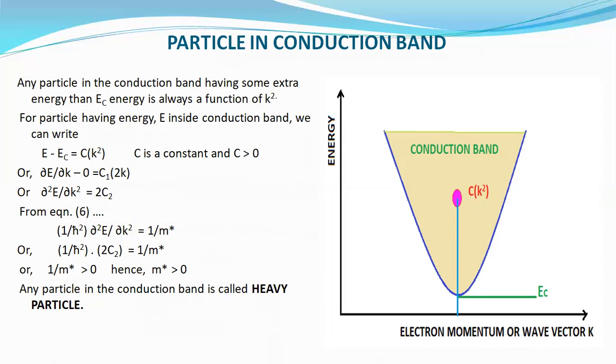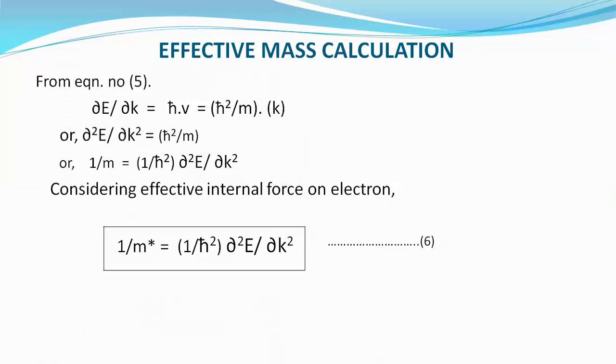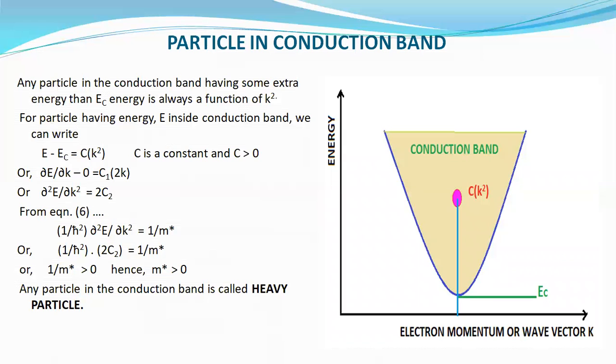Now from equation number 6, if you put the value of this second order derivative here, 1 upon h cross square into d2E/dk square is equal to 1 upon m star. Then 1 upon h cross square into 2C2 is equal to 1 upon m star, so 1 upon m star is greater than 0, and m star is also greater than 0.